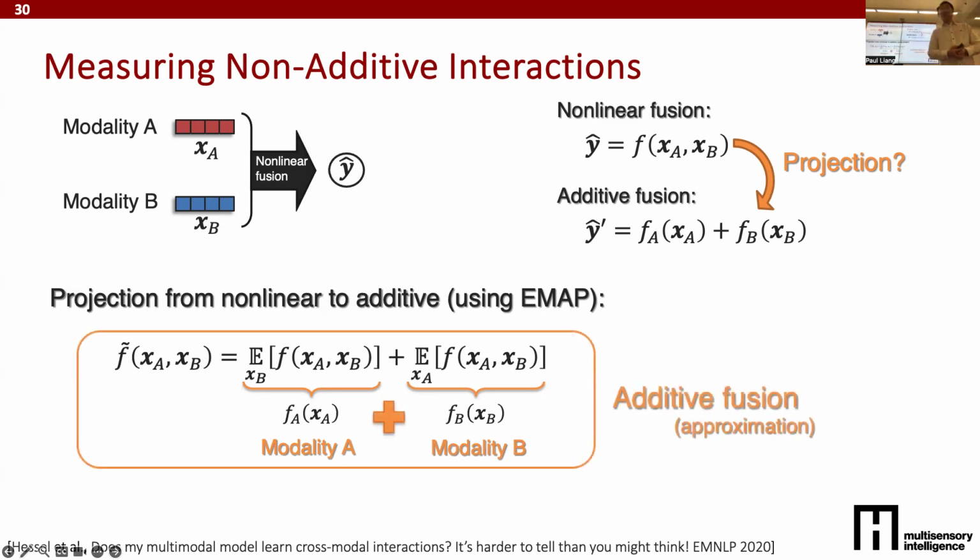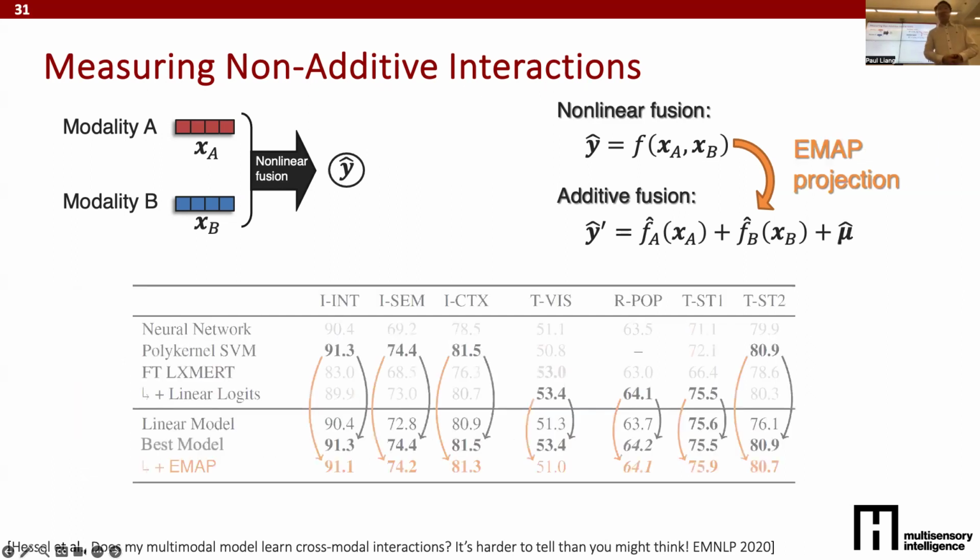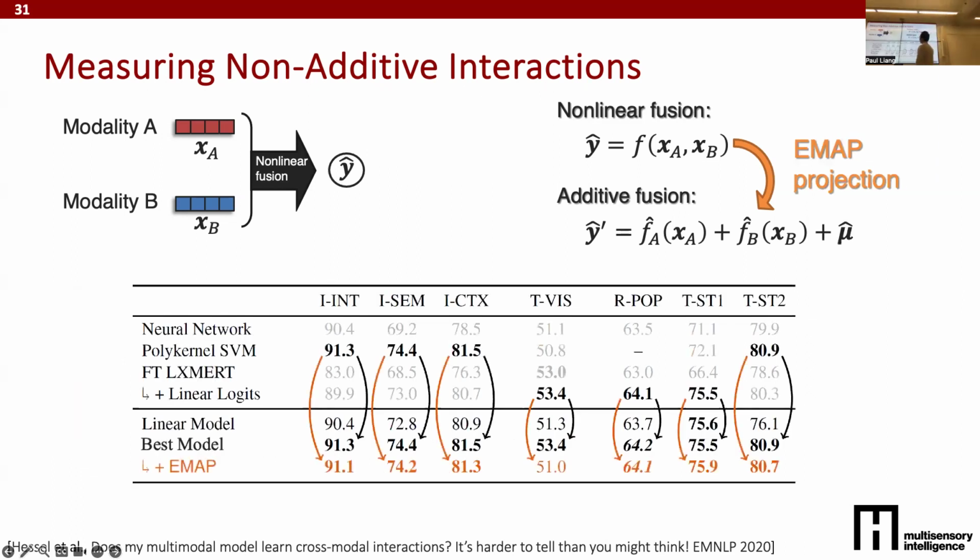And these folks actually show that sometimes you have all these complicated models with performance of, for example, 91%. If you project it to the simplest possible additive model, the performance only goes down to 91.1%, so it drops by 0.2%. And on some other data sets, it was 81.5% with a complicated model, and we found the nearest one that was just additive, and again it only dropped by 0.2%.